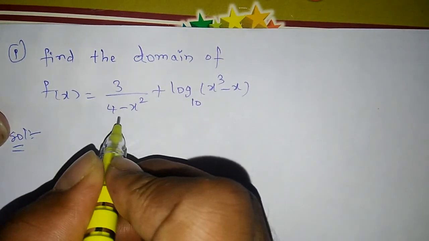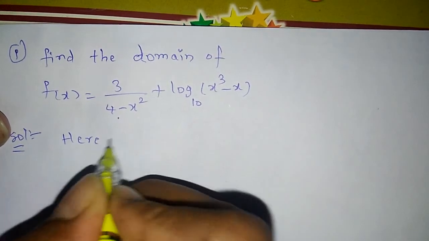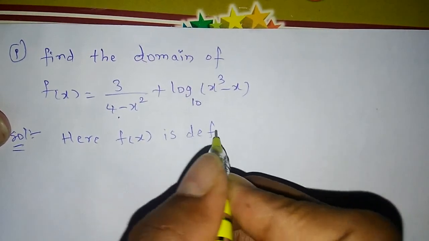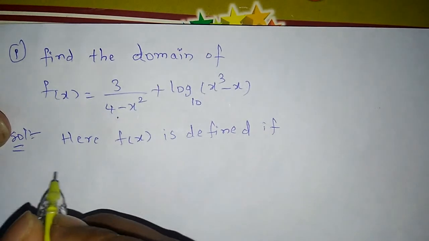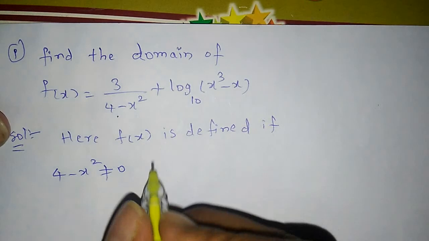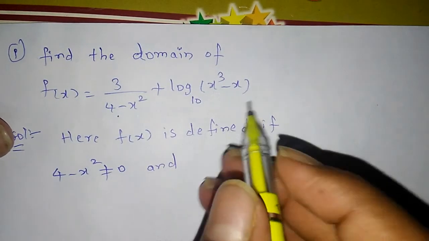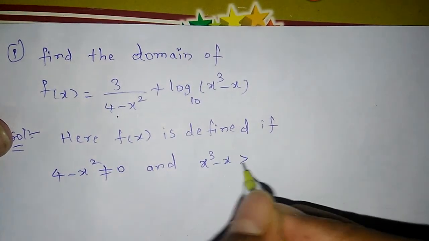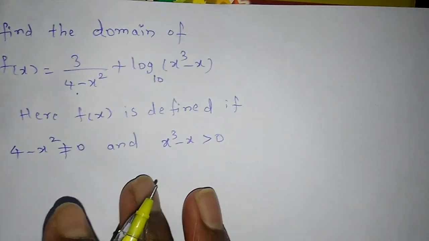Here denominator 4 minus x square is there, so I write f of x is defined if 4 minus x square is not equal to 0, and for the logarithmic, what is the condition? x cube minus x greater than 0. Okay, x cube minus x greater than 0.